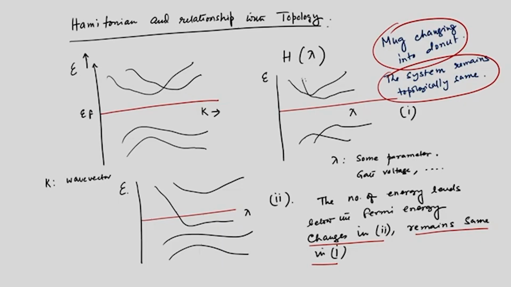However, here these systems are topologically distinct, because the Hamiltonian, for which energy is the eigenvalue, does not remain invariant; rather, the number of levels below the Fermi energy changes as a function of lambda.